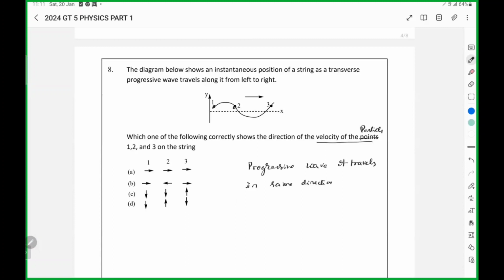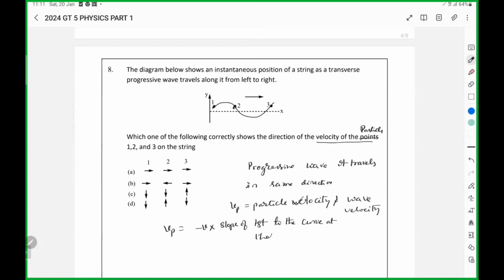The relation between particle velocity and wave velocity: Vp here is the negative slope of the tangent to the curve at that point.